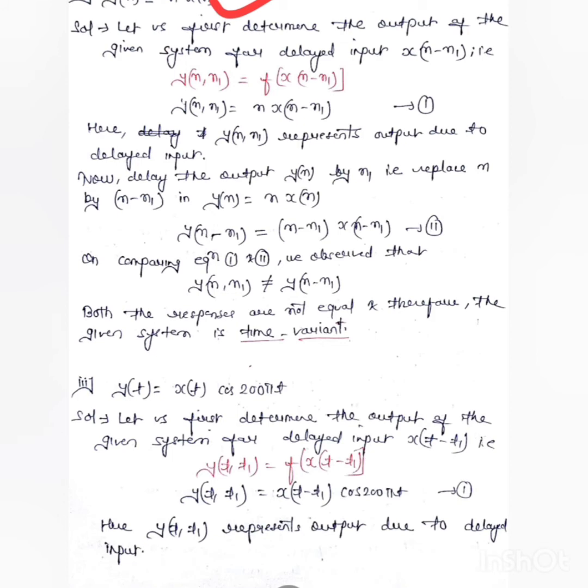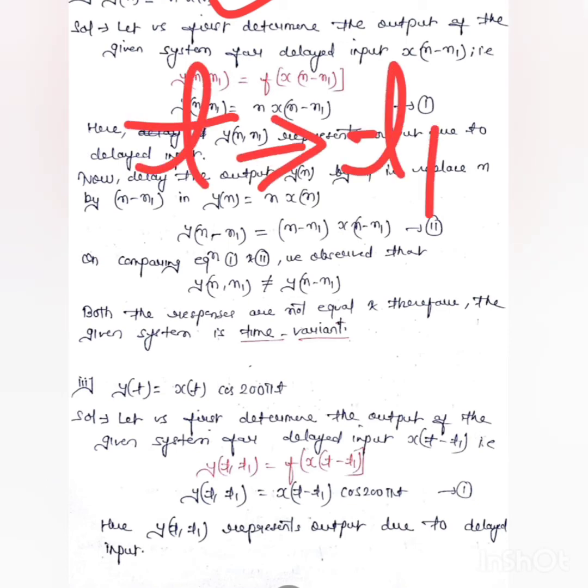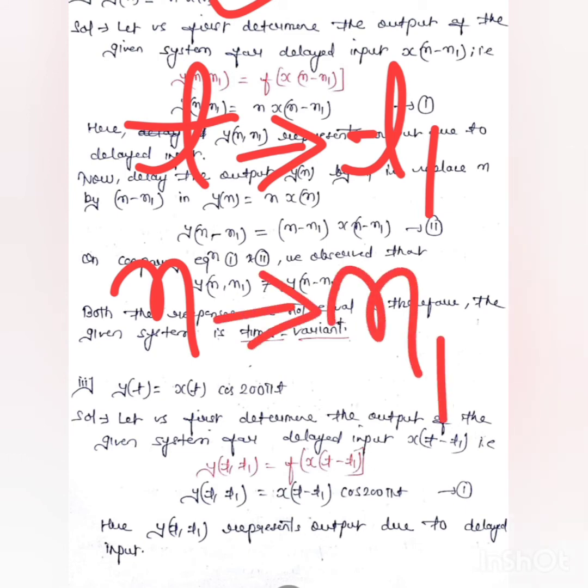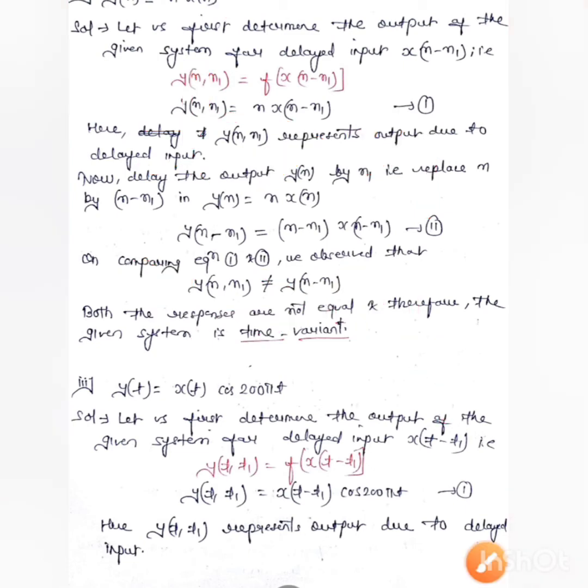So first what we have to do is delay our input. In the earlier question there is t, so we delayed it by t1, but here in the discrete time system we have n, so we can delay it by n1. We simply delay our input.